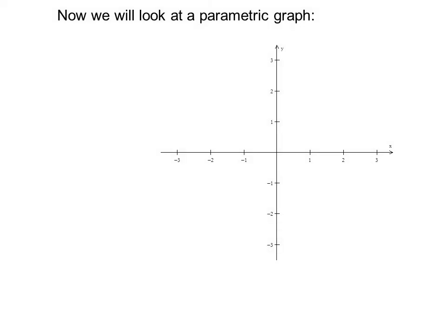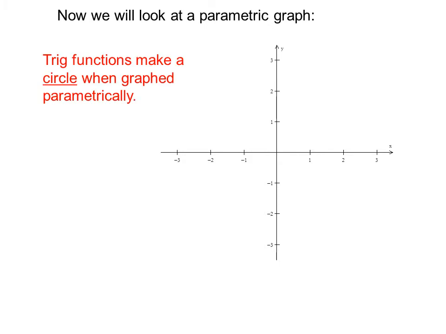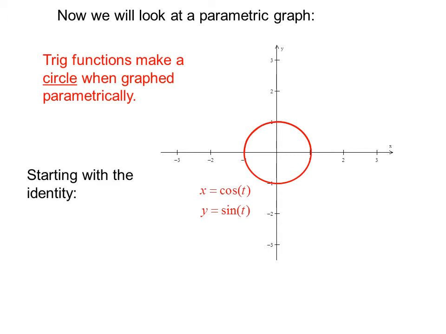Now we will look at a parametric graph. First, remember that trig functions make a circle when graphed parametrically. If we graph x equals cosine t and y equals sine t, we get a circle with radius 1. This makes sense if we look at this identity.